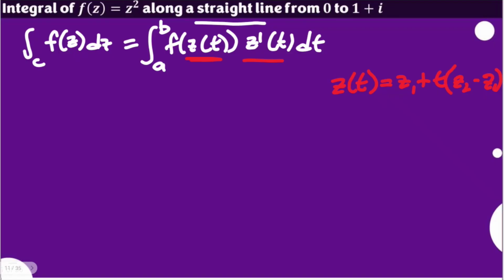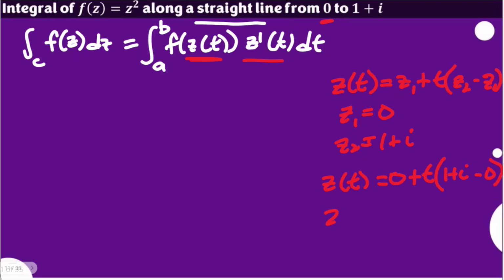Okay? Now, 0 is our z sub 1, the starting point, and our z sub 2 is 1 plus i. So for our z of t, it's actually 0 plus t times 1 plus i minus 0, which would give us our parameterization for this specific straight line as 1 plus i times t.